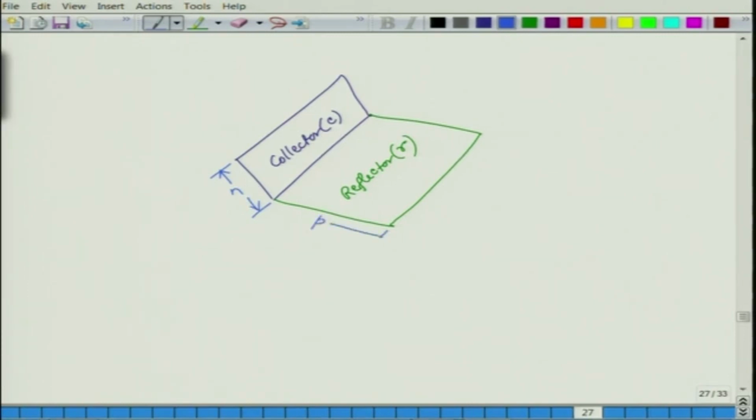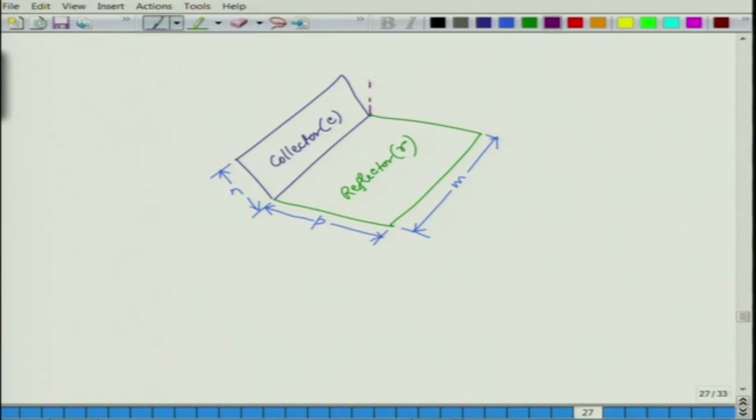This is P, okay, and this particular dimension is M, and let us say this angle.